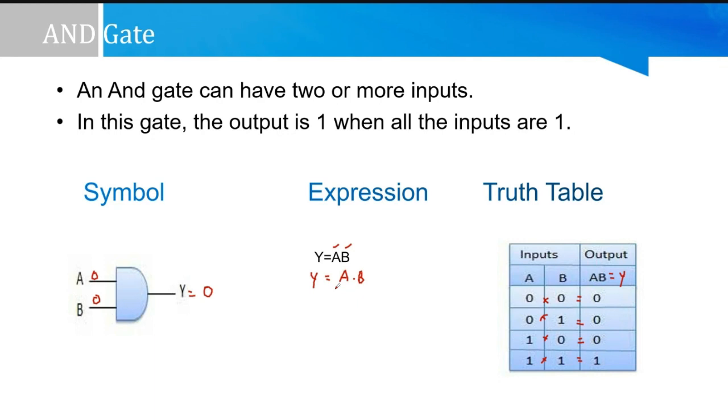Yes, I got it, but that is the operation, right? I am asking what is the application. The AND gate will operate when both are high; it will give the result only once both the inputs are available.